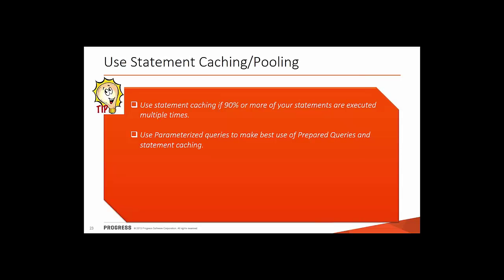Suppose I'm doing an insert on the database, I can use question marks or parameter names as a placeholder for my values, and then I can execute the same query with multiple values to make use of prepared queries or statement caching in my application. So this way you can have parameterized queries to make better use of your statement caching, instead of static queries where you are inserting using literals.